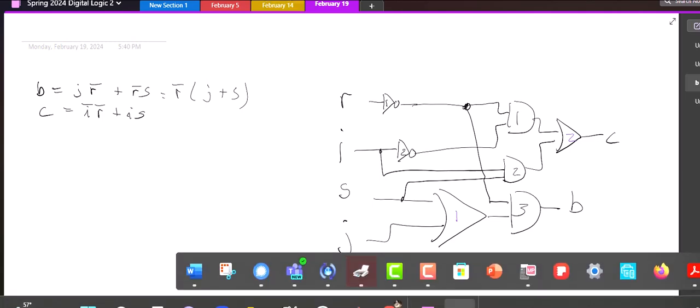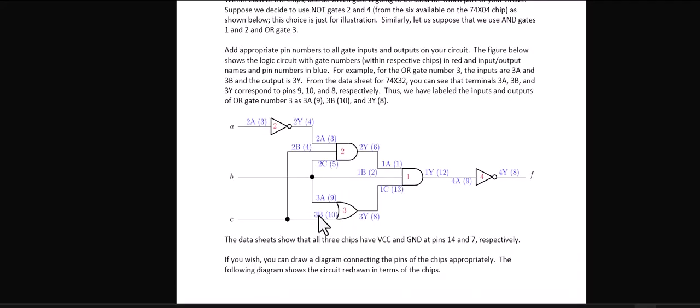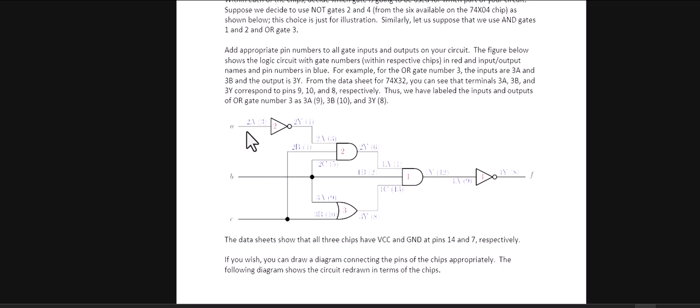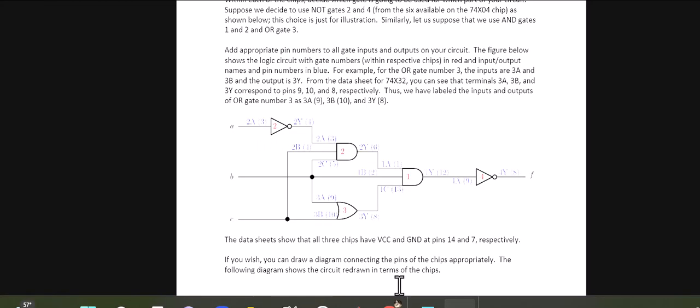And if you look at our example, you put the pin number and the actual input and output. So let's take a look at that data sheet.